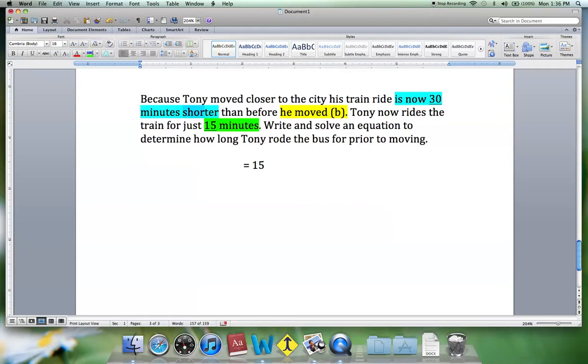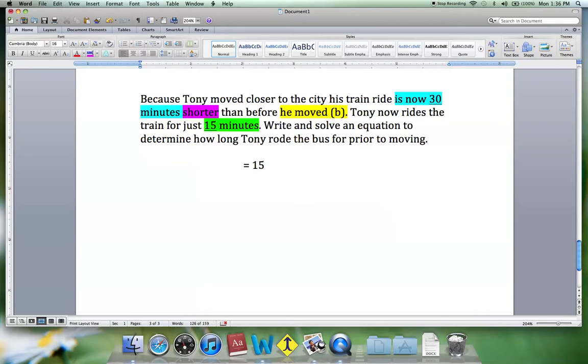So this term here, shorter, should tell us that he's riding the train less. And the operation we associate with less is subtraction. So before he moved, he rode the bus for some amount of time, B. And now he's closer, so now his train ride is 30 minutes shorter.